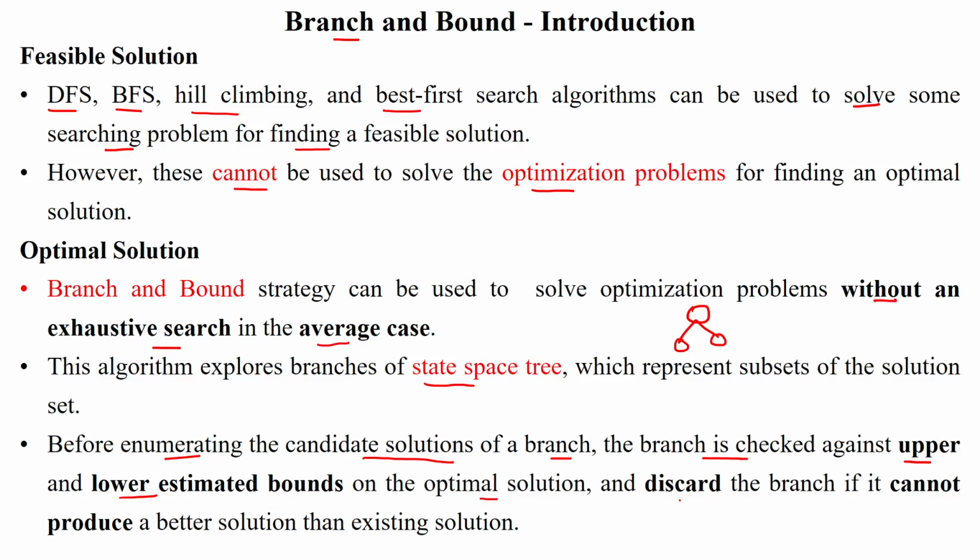If any vertex does not provide the optimal solution, then we have to remove that path. Suppose this vertex is not giving the optimal solution, then we have to discard this path. By discarding this path, we can move to another path, where there is the possibility of an optimal solution.